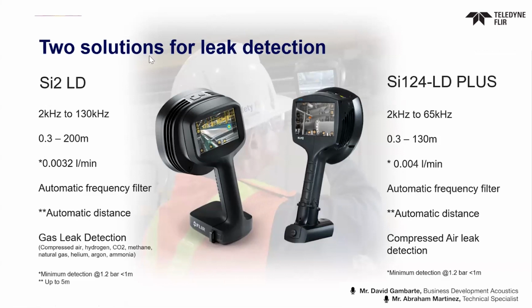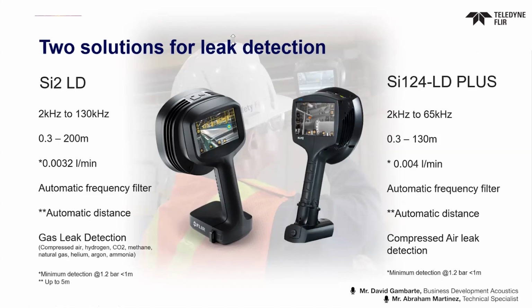Both are perfectly operational for leak detection. Of course, the SI-2 has improved capabilities and some features that the SI-124 LD Plus doesn't have. But both cameras are very powerful tools to perform leak detection and look at the cost savings and the risk mitigation.